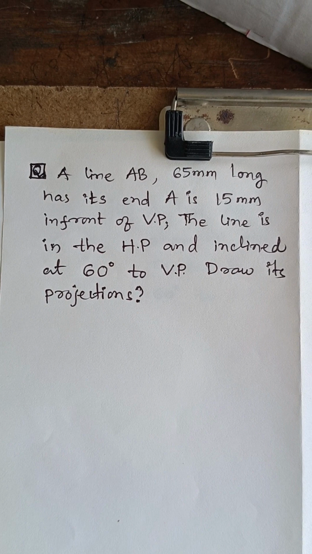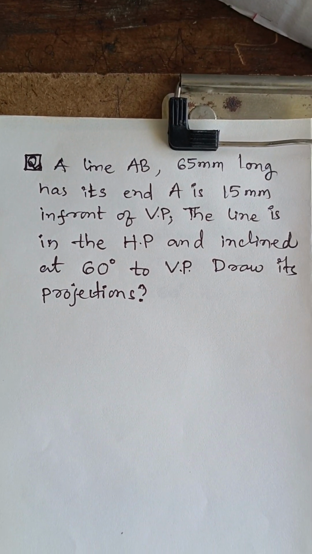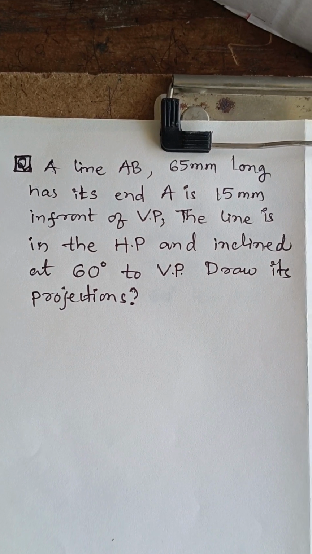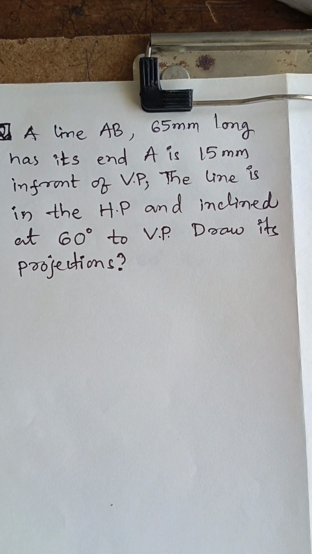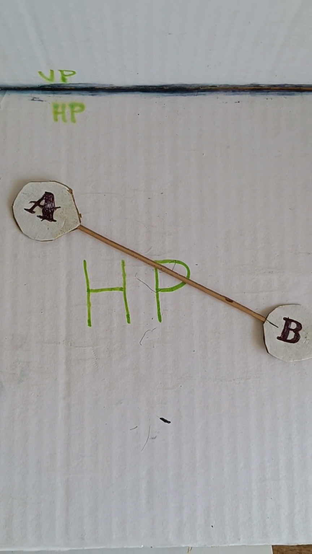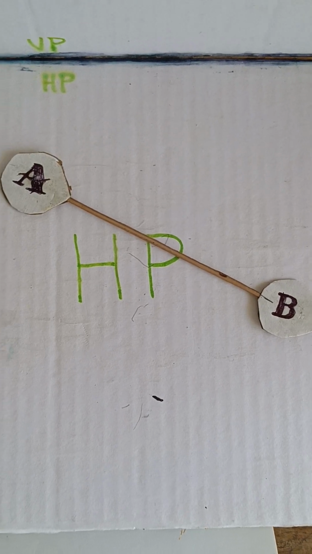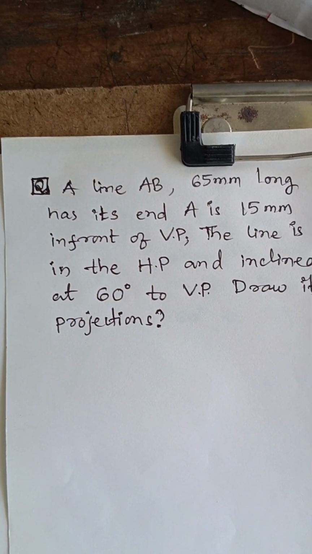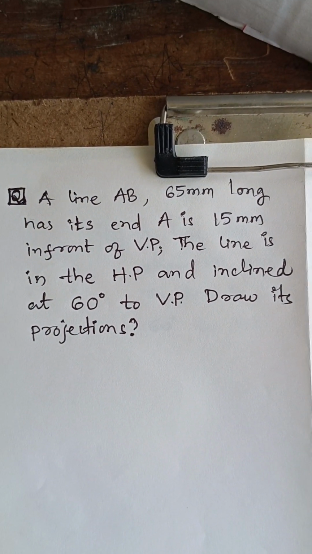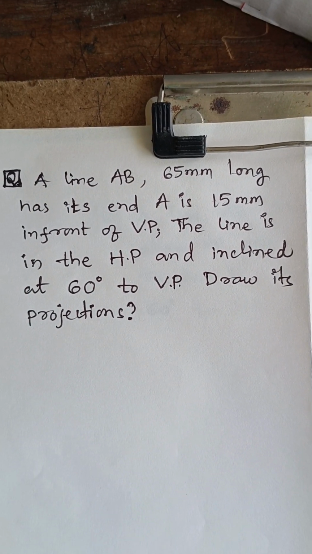By following this problem, we are going to place a straight line in the first quadrant by following the conditions in the given problem. Let me assume the line length between A and B, the ends of the line, as 65 mm. In the given problem, AB line is placed in the horizontal plane.